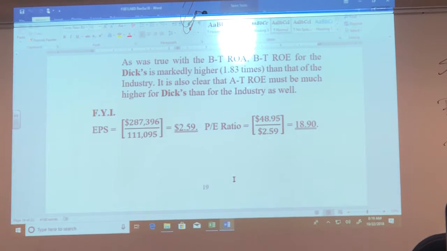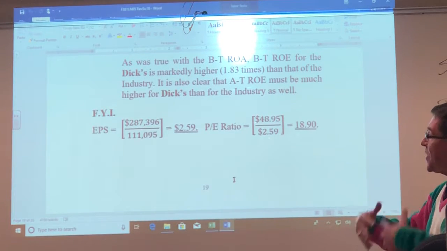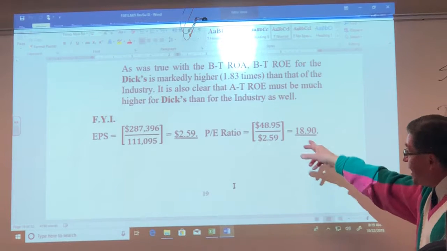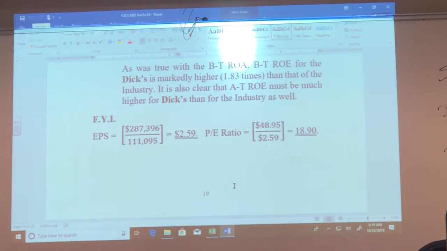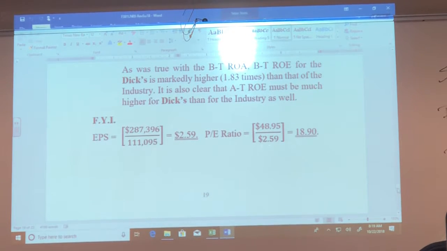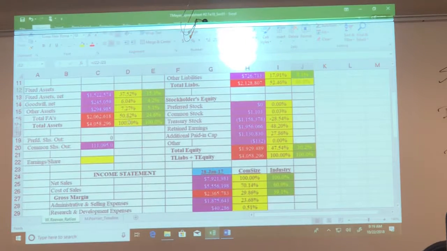It also depends on the market in general, because sometimes the market gets overheated and these PE ratios get driven up, and other times when the market's depressed, the PE ratios can tend to be lower. Okay, so anyway, I want to start out in the spreadsheet by calculating that number.